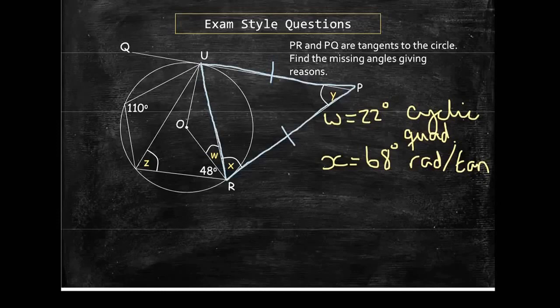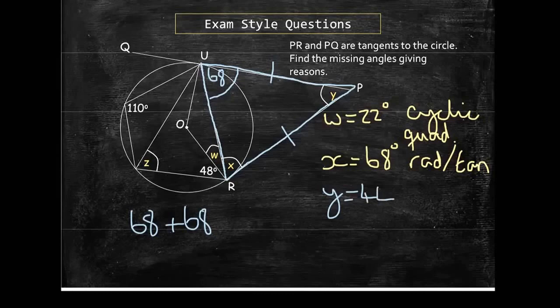I know the base angle x is 68. That must mean that this angle over here is also 68 degrees. So now I can work out y. I've got 68 plus 68, which gives me 136. That must mean that y has to be 44 degrees. And the reason, isosceles triangle.